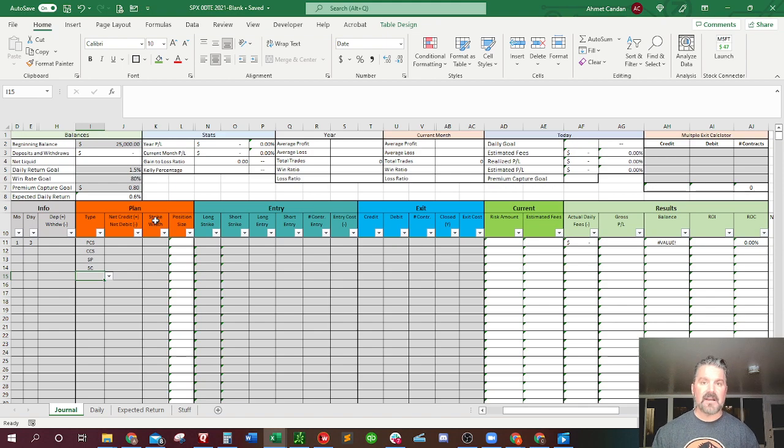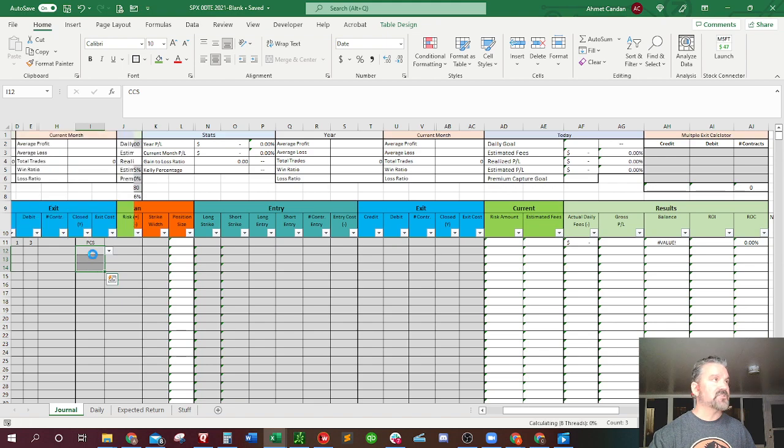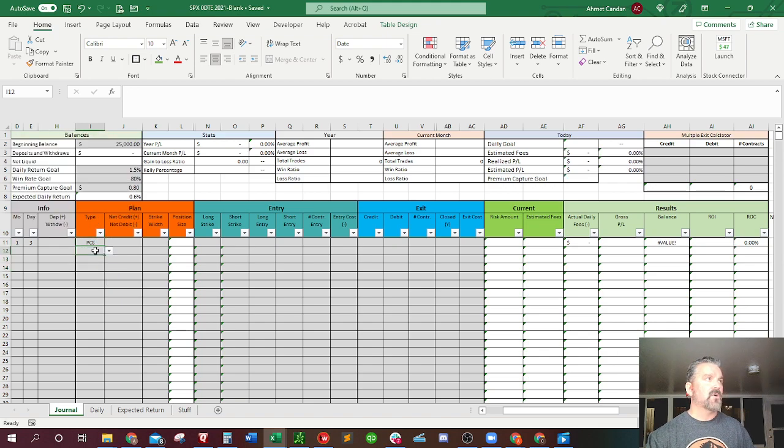And then I decide I want to get back into a credit spread. Well, I might just sell a put, and so that kind of legs me back into a bull put spread. So once in a while you'll see that, but not too often. Most of the time you're just going to see put credit spread or call credit spread.